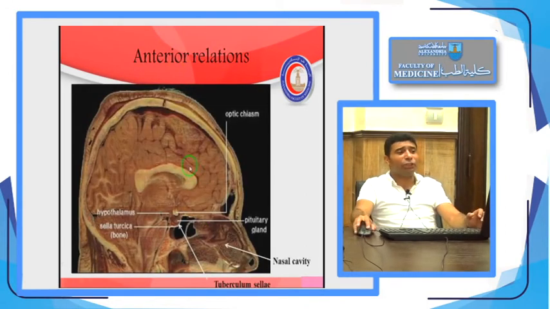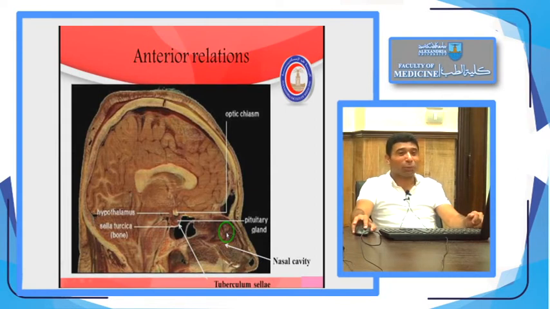What about the anterior relation? We are moving anteriorly. We have a part of the body of the sphenoid called the tuberculum sellae. More anterior, we have air-filled spaces in the sphenoid bone called the sphenoidal air sinus. More anteriorly, we have the cavity of the nose, the nasal cavity.